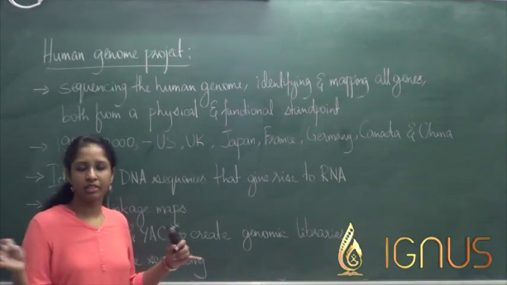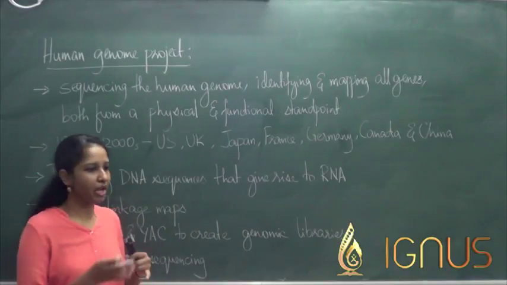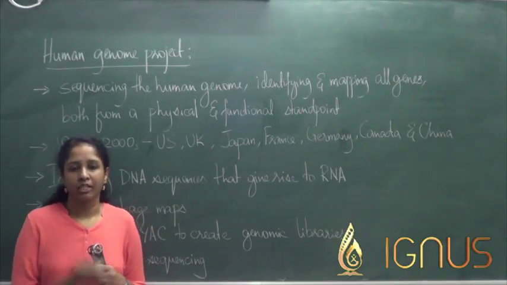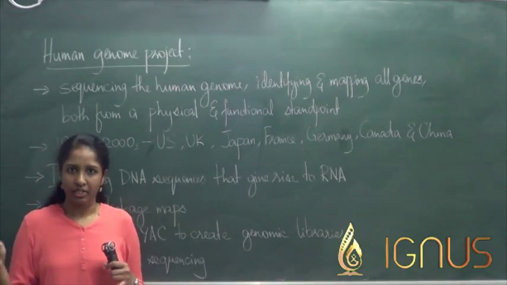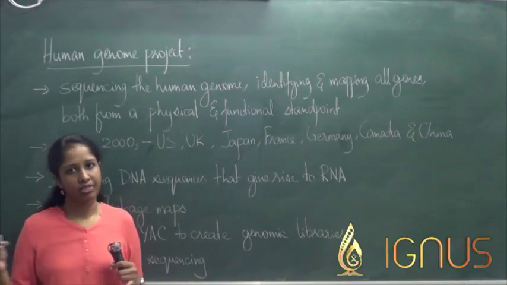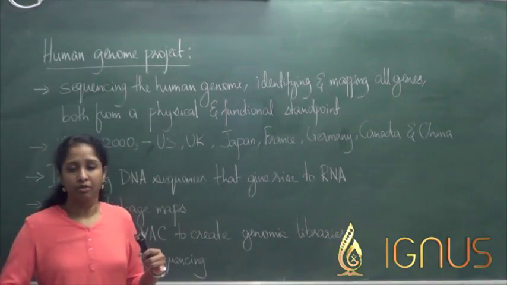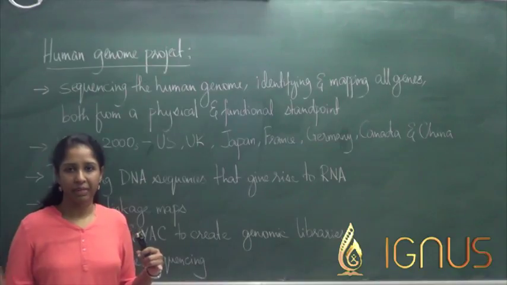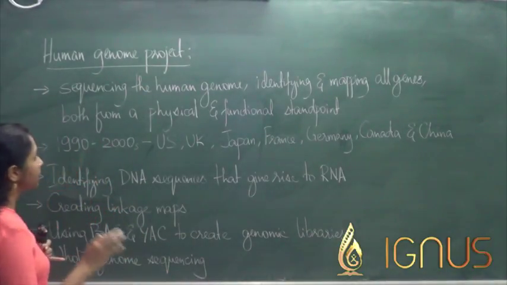So, genes, DNA, the genome is made up of 4 nucleotides. You have adenine, guanine, cytosine and thymine. Now, the way that they are arranged one next to each other is the sequence of the DNA, and the entirety of the sequence of the human genome, which is close to 3 billion base pairs, was sequenced.